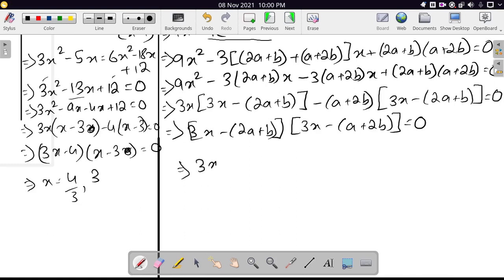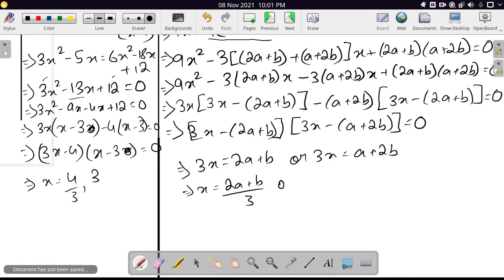One is 3x = 2a+b, or 3x = a+2b. So x is basically equal to (2a+b)/3, or x is equal to (a+2b)/3. Simple. So that is how we do these sums.